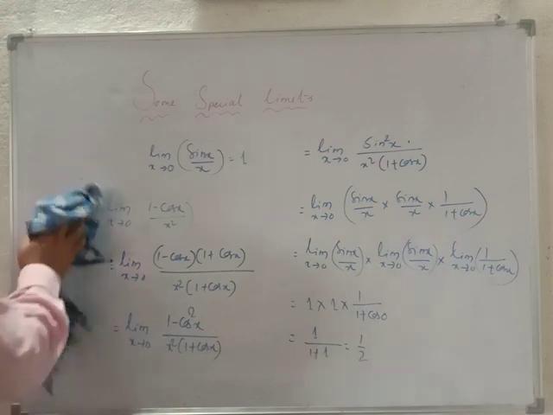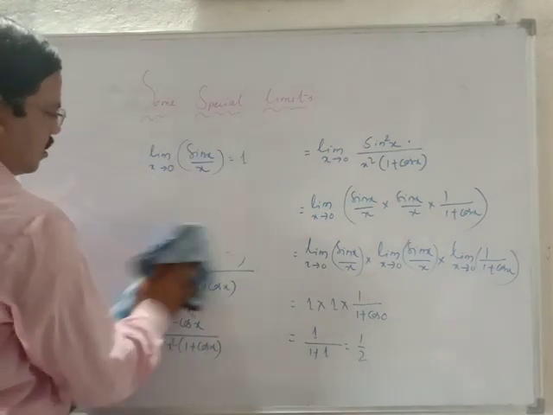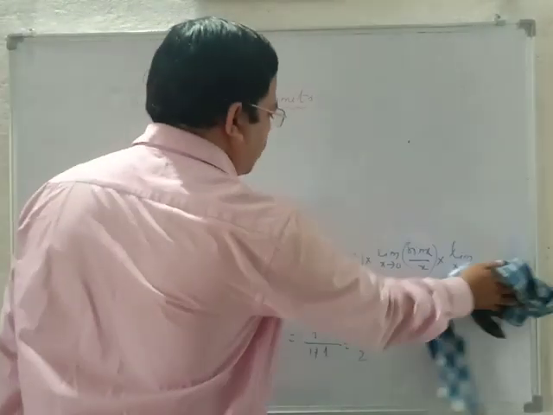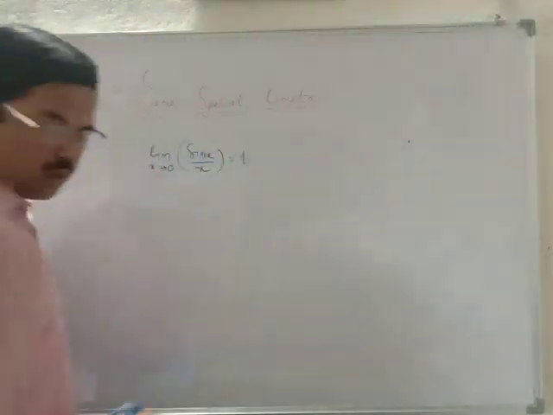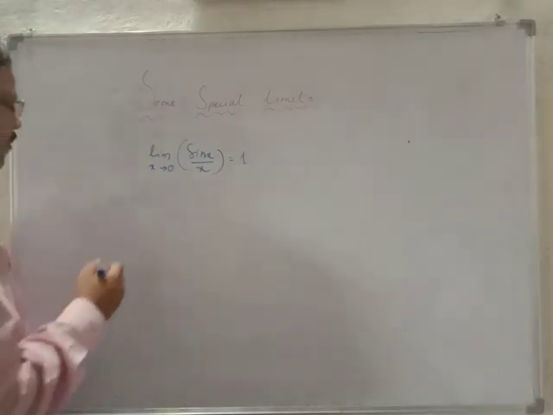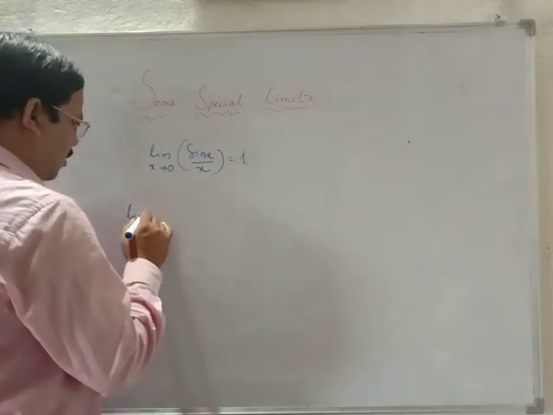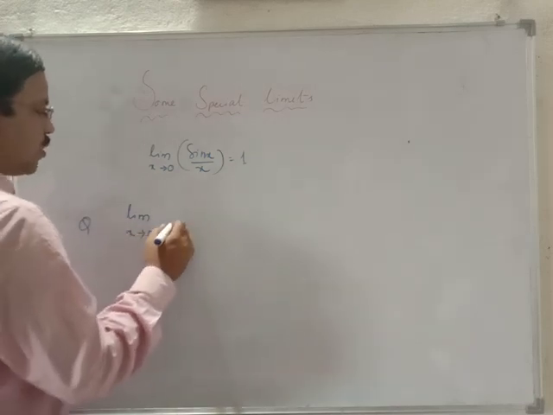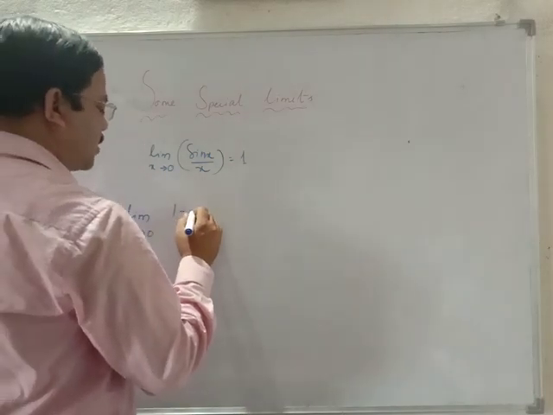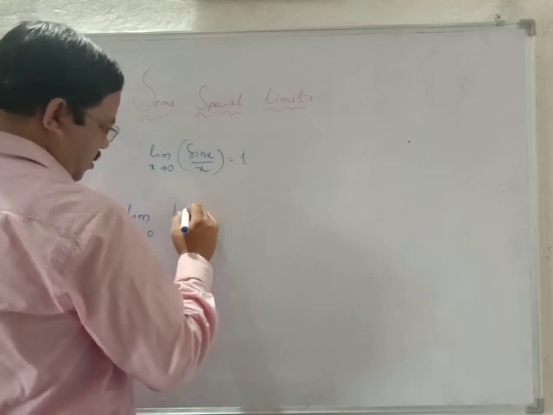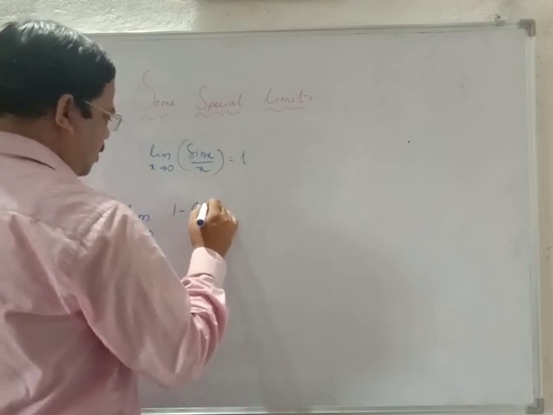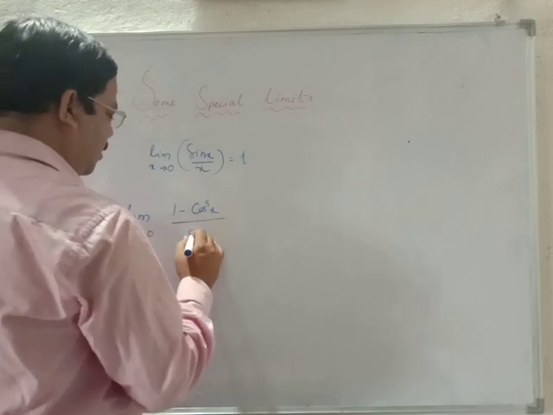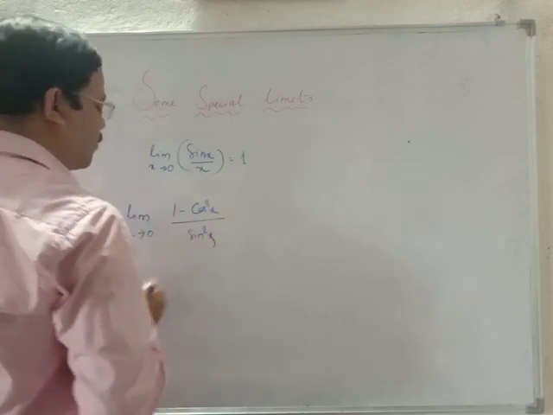Okay, so can I erase? Now, another question. Limit x tends to 0 of 1 minus cos cube x by sin square x.